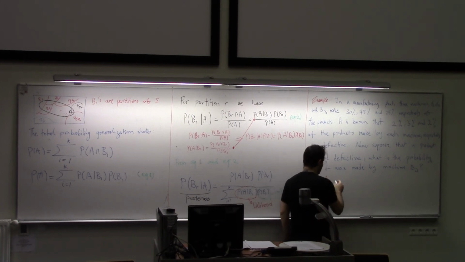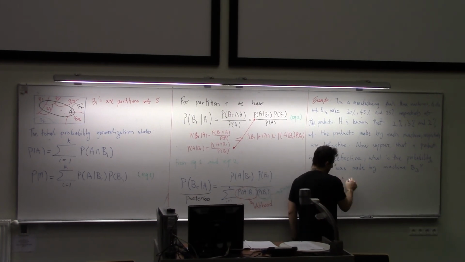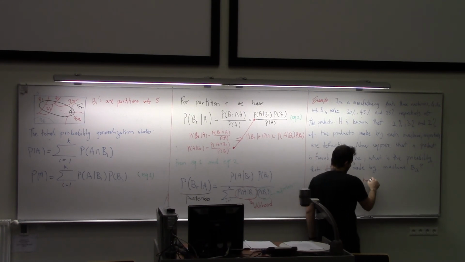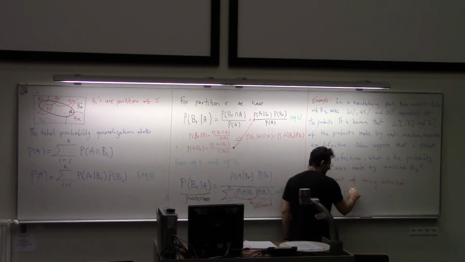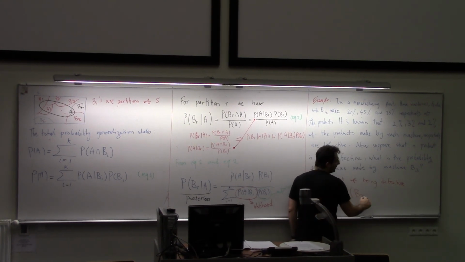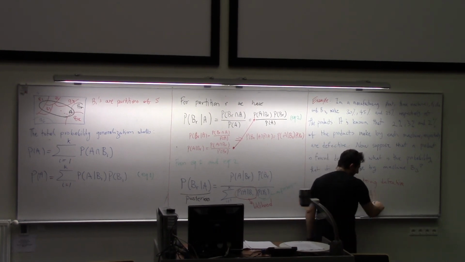Imagine A is the event of being defective, and the question asks: what is the probability of being B3 given that it is defective?